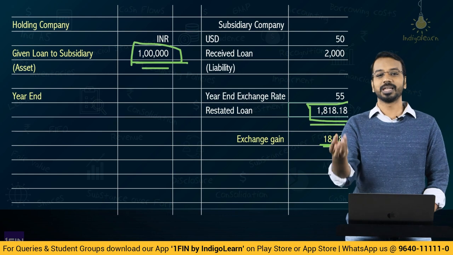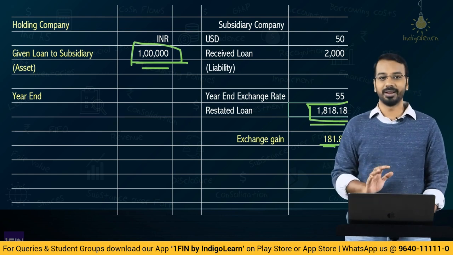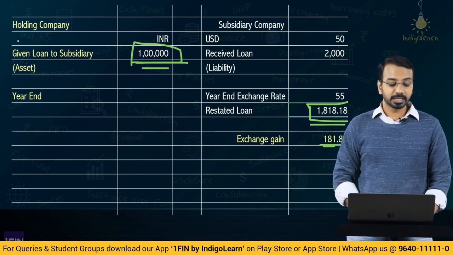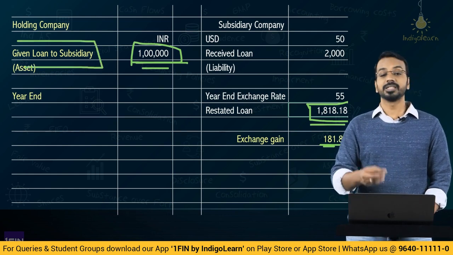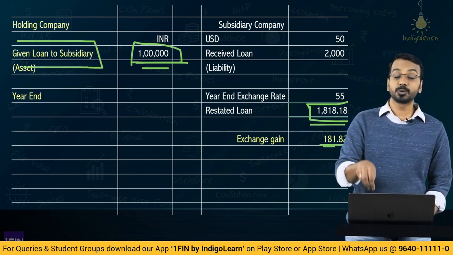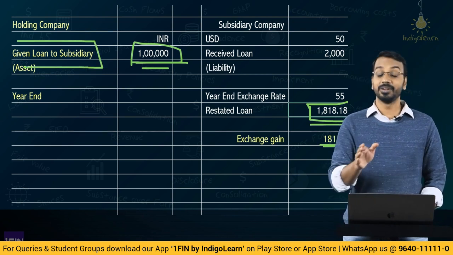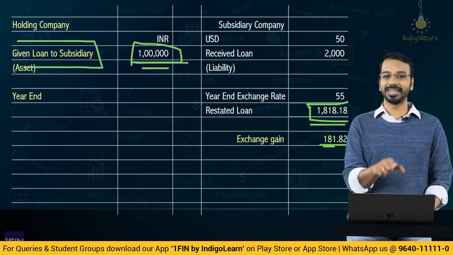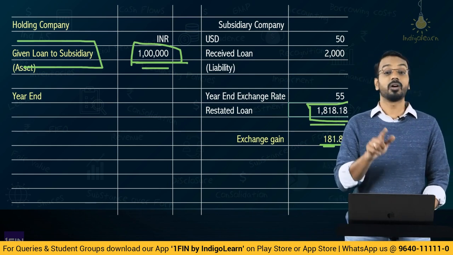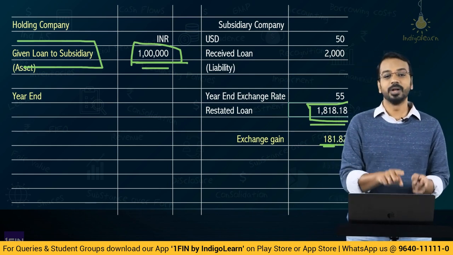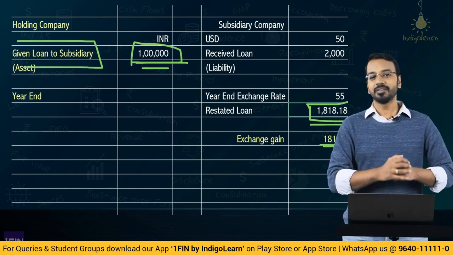It is a gain. So, it has to be recognized in the P&L, right? Now, if this loan, which is a monetary item, was a part of the net investment in foreign operation, then will we take it to the P&L? Just recollect what you learned in the previous modules. You will not credit it to the P&L. You will take it to the other comprehensive income, right?